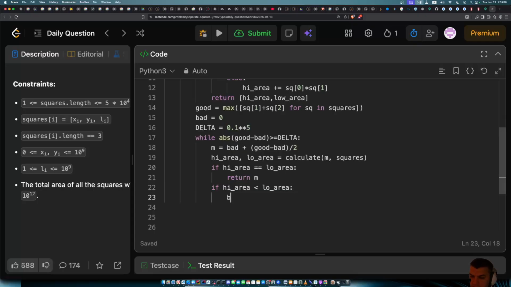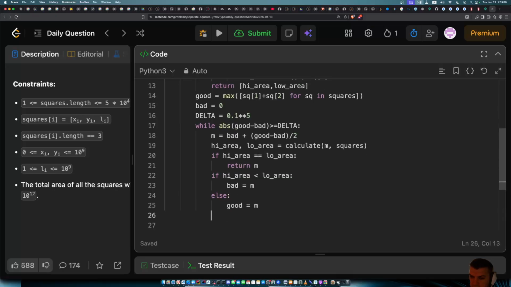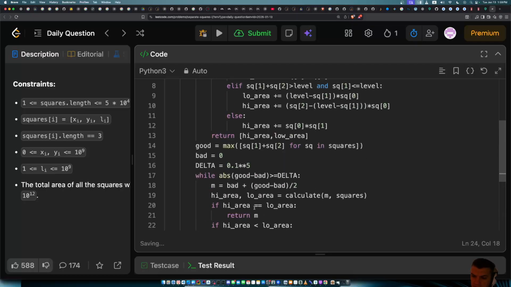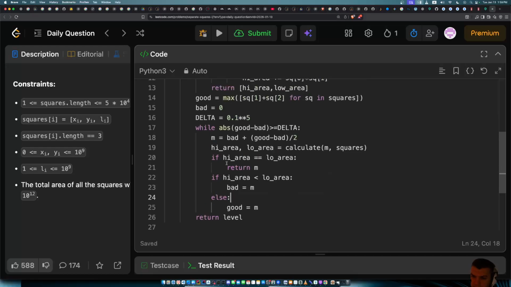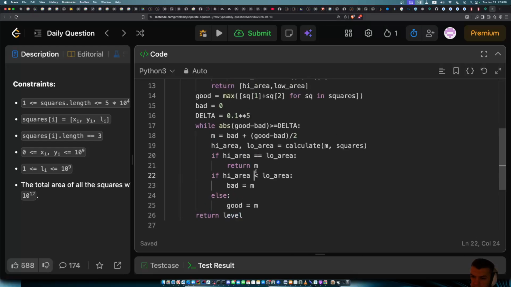So bad is equal to m, else good is equal to m, and then in the end I'm gonna return level. Or maybe something like this, else return good.